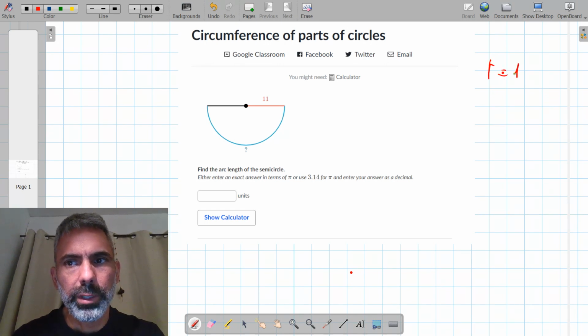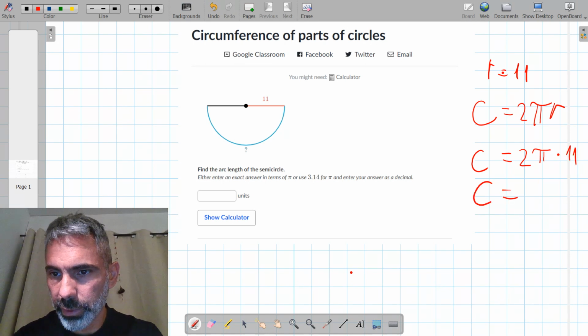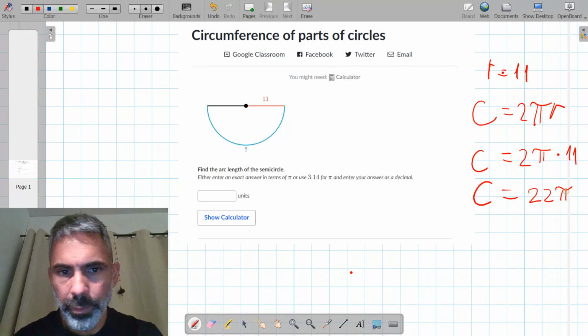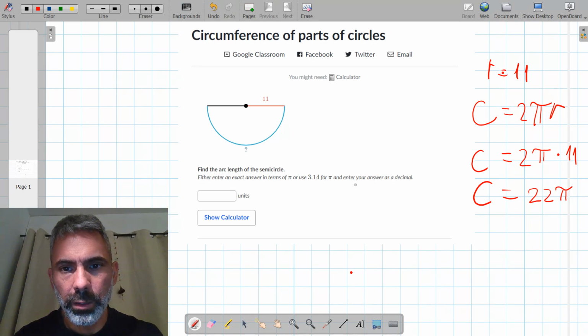So r equals 11, and the full circumference is 2 pi r, which means the full circumference is 2 pi times 11, which is 22 pi. We can either enter an exact answer in terms of pi or use 3.14 for pi and enter your answer as a decimal.